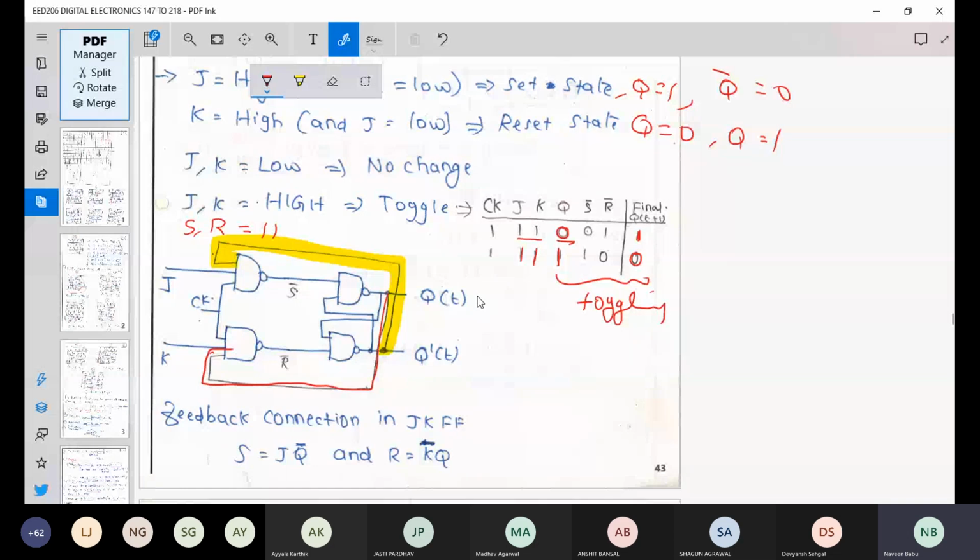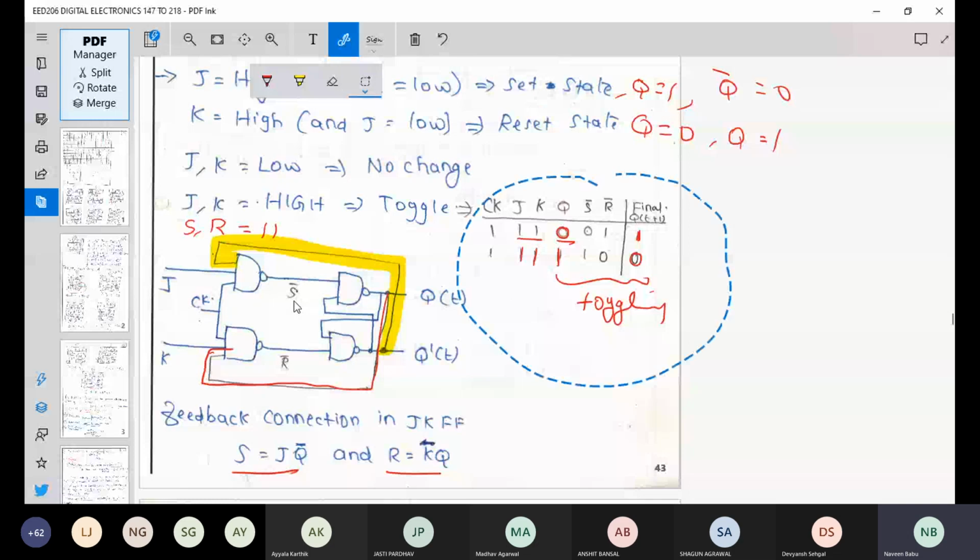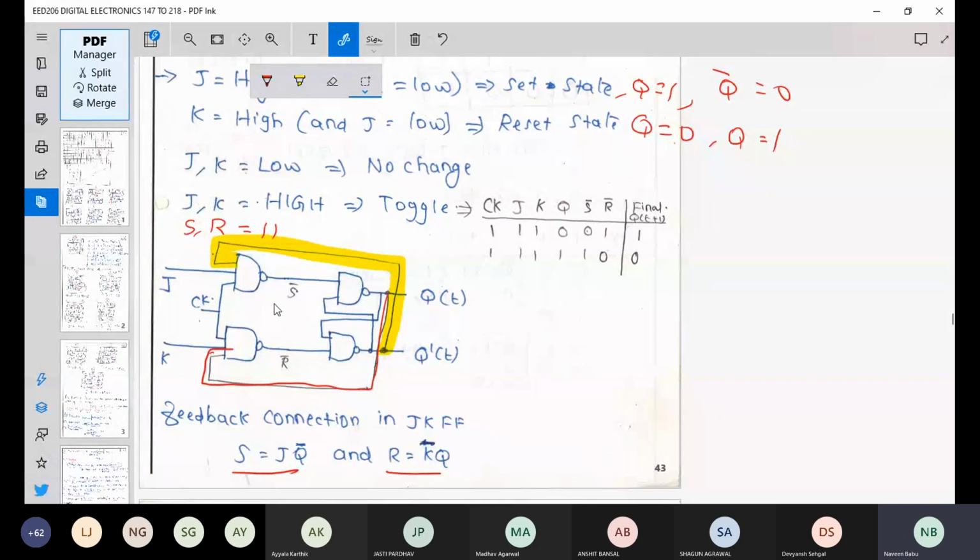R input will be K and Q, and S input will be J and Q bar. Now, maybe I'll explain this particular part. If you look at S bar and R bar, definitely you are going to get yourself confused. But still, however, I will attempt to explain.